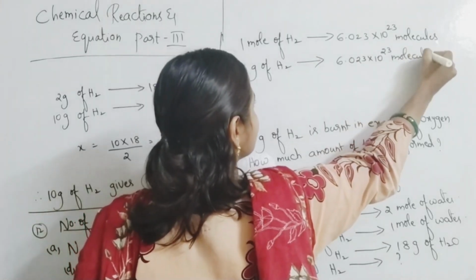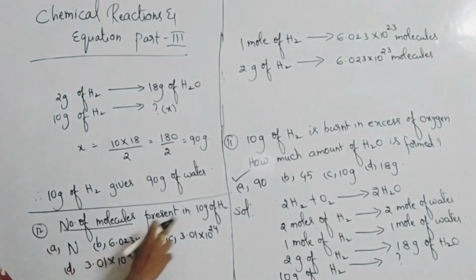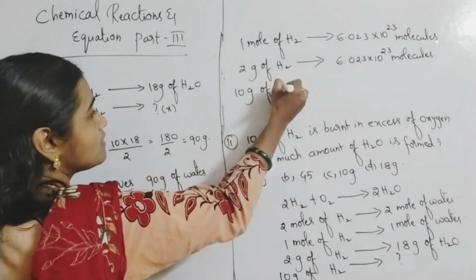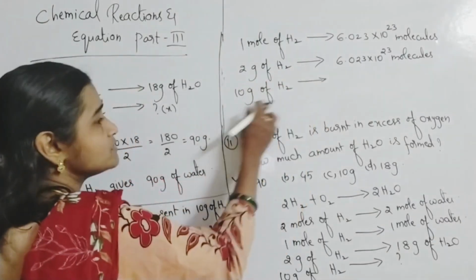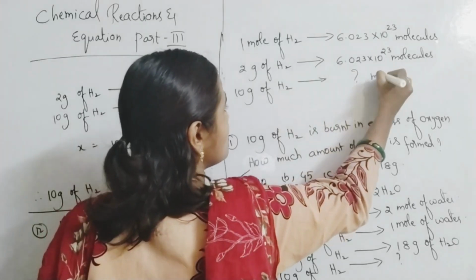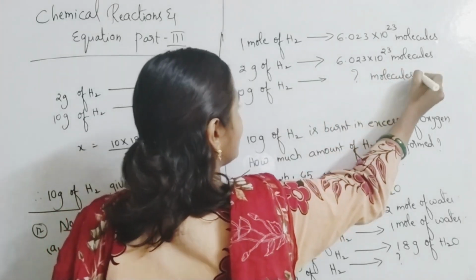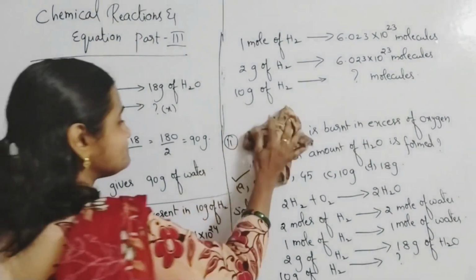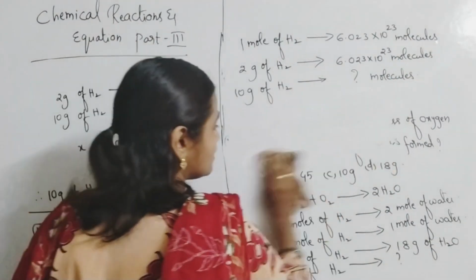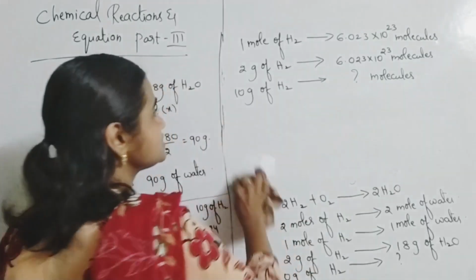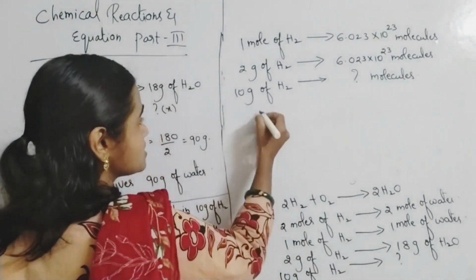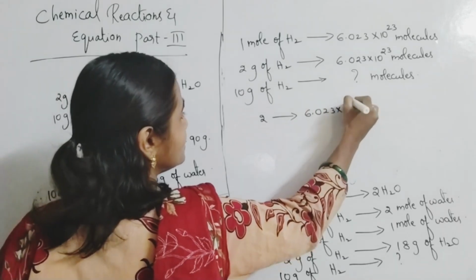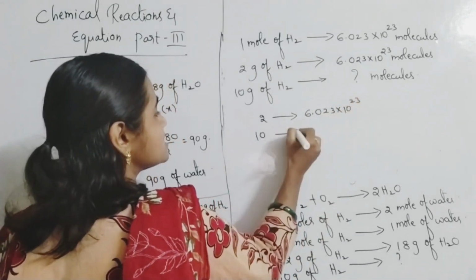Now he is asking in the question: 10 grams of hydrogen will have how many molecules? Every time apply the rule of 3 only. It is like 2 is to Avogadro number, 10 is to how much? 2 is to 6.023 into 10 power 23, 10 is to how much?